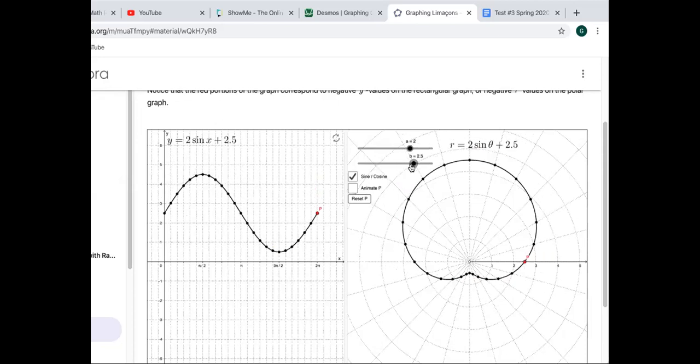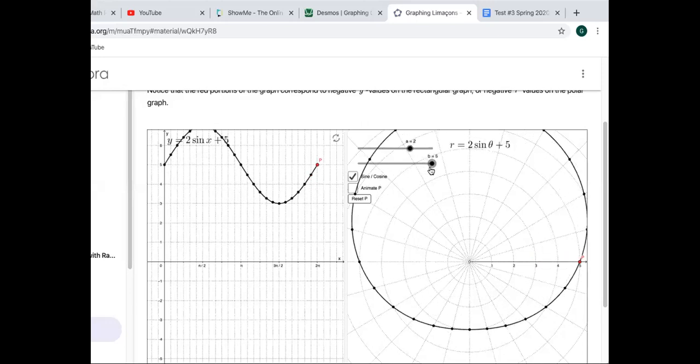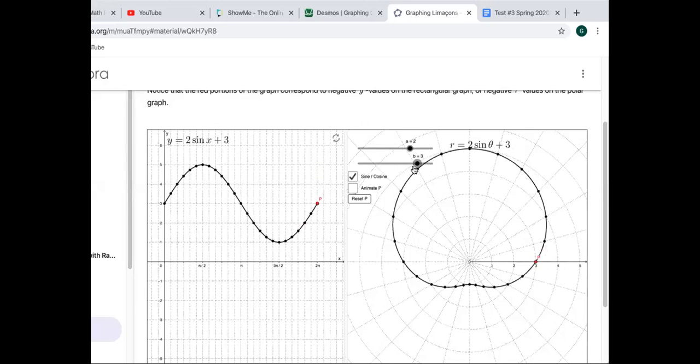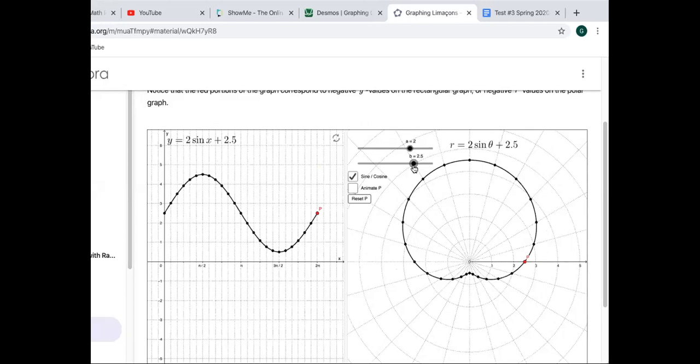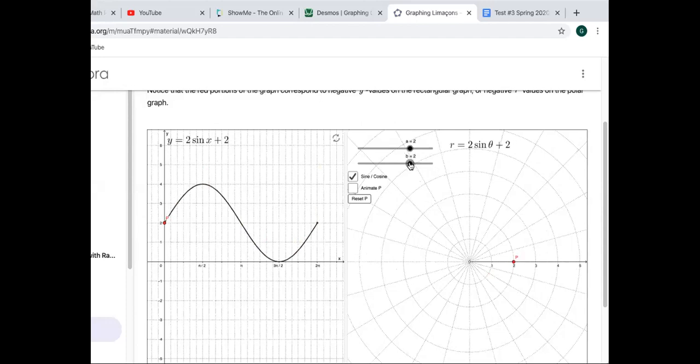And that's true, make a note, as long as b is bigger than a, so that the rectangular one does not have any x-intercepts, you will get this dimpled limaçon. But let's see what happens if b equals a.